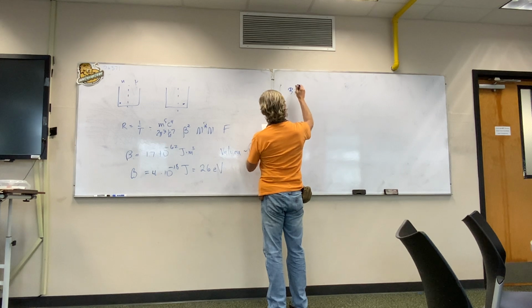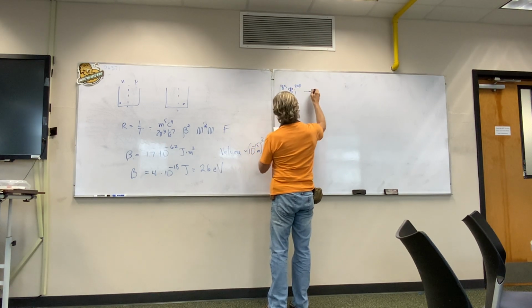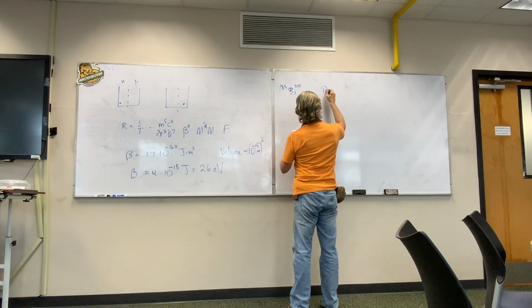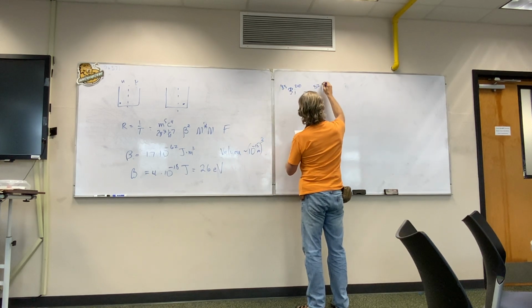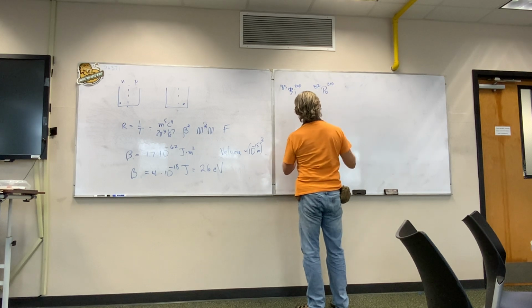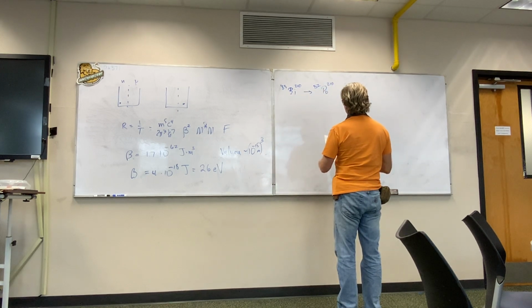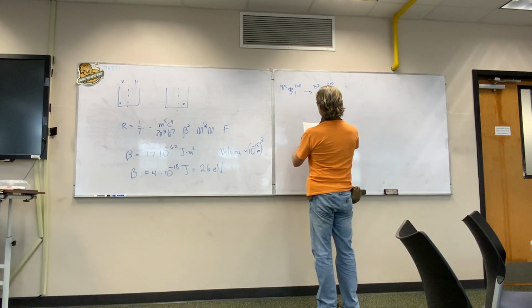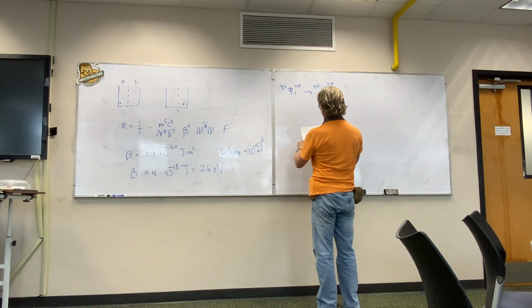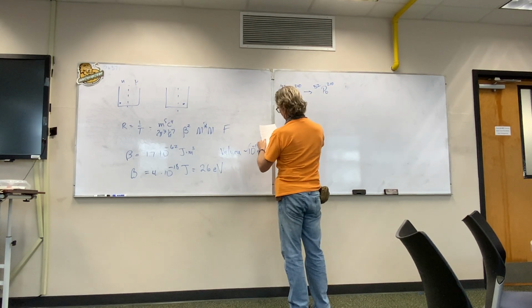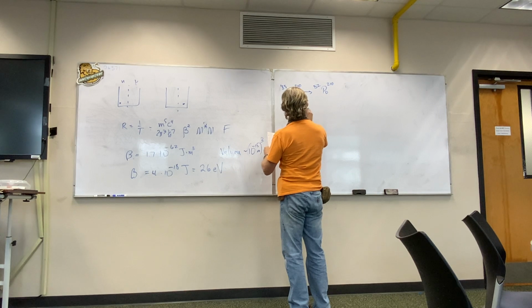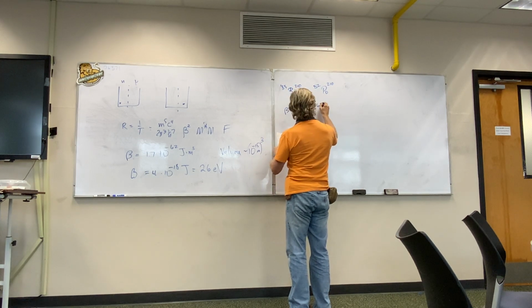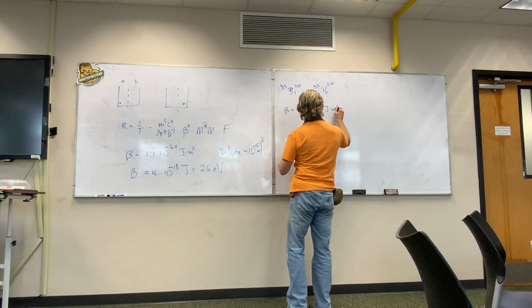Decay of bismuth 83 to 10 to polonium 82 to 10, and I got beta of 3.0 times 10 to the minus 64 joule meters cubed.